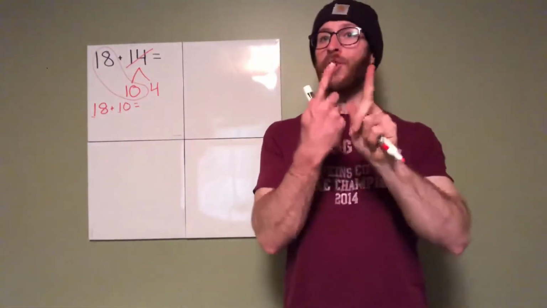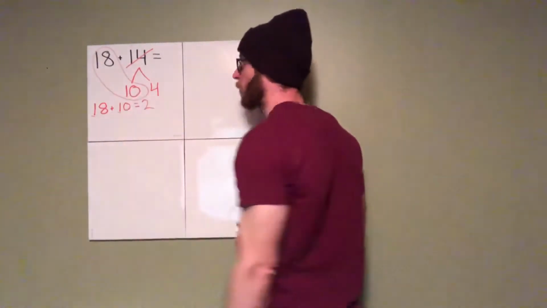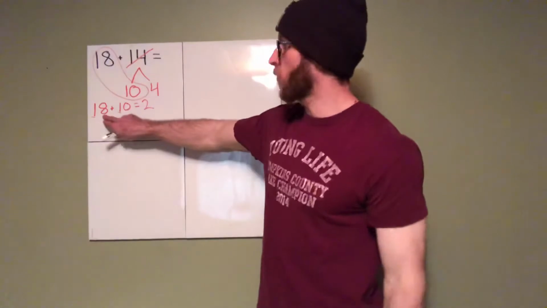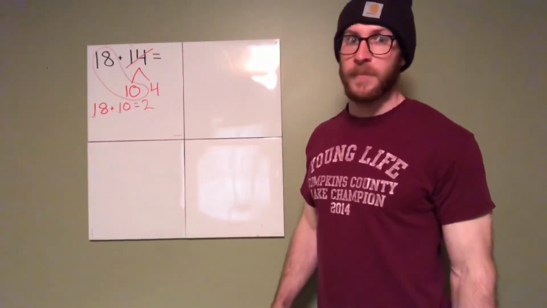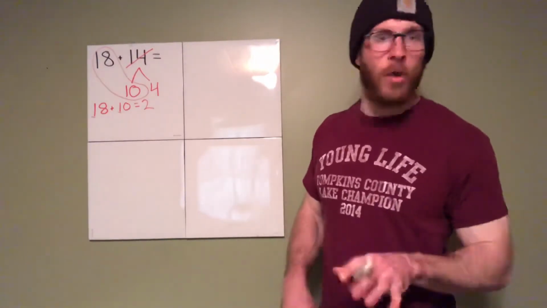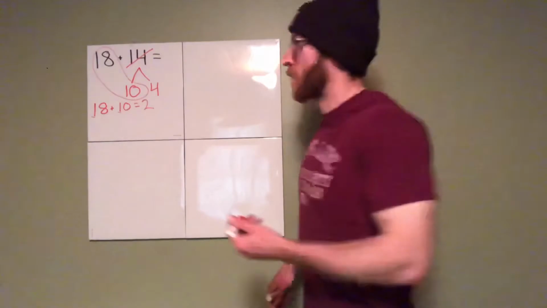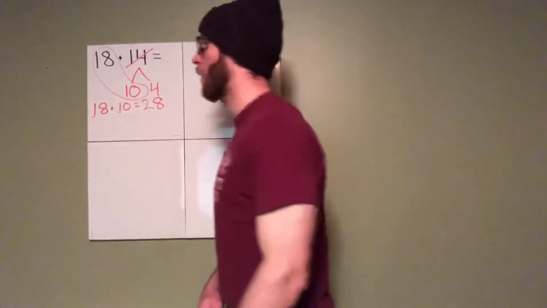Not just 2, it's 2 tens. We have a 2 in the tens place. And then if we look at our ones place, I have 8 plus 0. What's 8 plus 0? It's 8. If you have 8 cookies and I give you 0 cookies, or no more cookies, you still have 8 cookies. So we have 18 plus 10 equals 28.